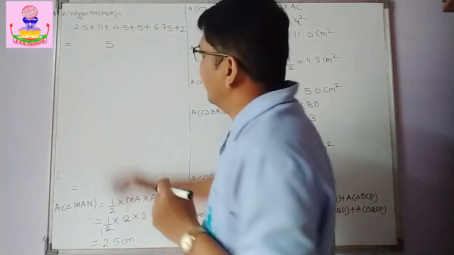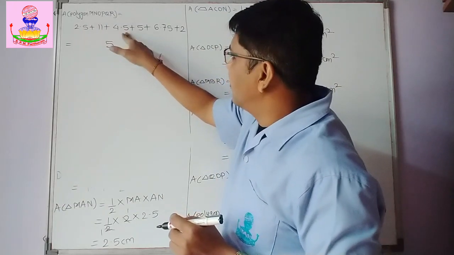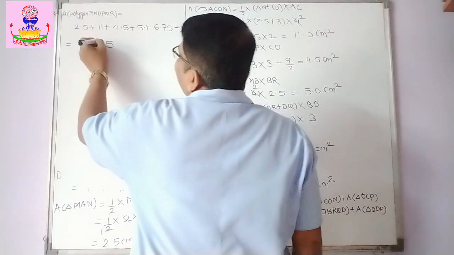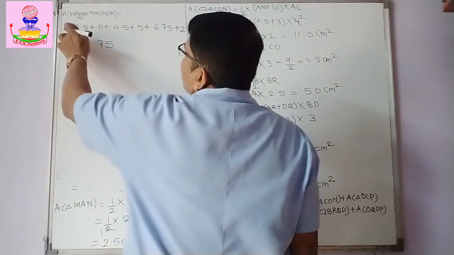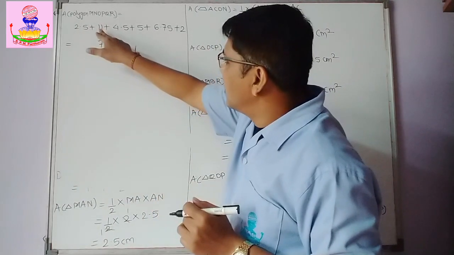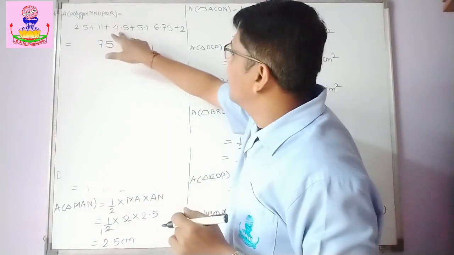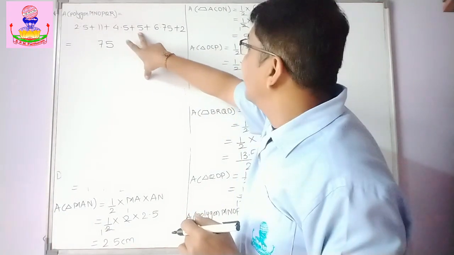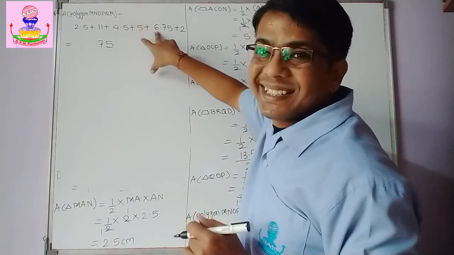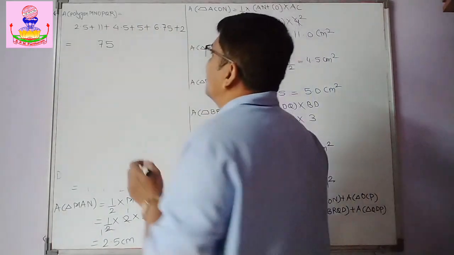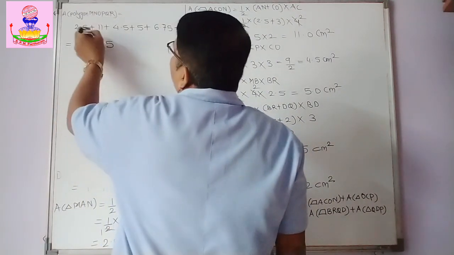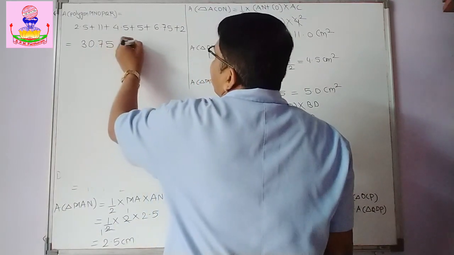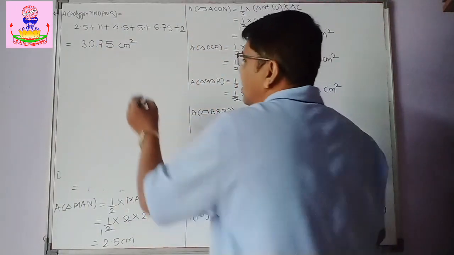So 5, then 5 plus 5, 10. 10 plus 7, 17. 1 carry on. 2 plus 1, 3. 3 plus 1, 4. 4 plus 4, 8. 8 plus 5, 13. 13 plus 6, 18. 18 plus 2, 20. 2 carry on. 2 plus 1, 3. So 30.75 square centimeters. You can check it.